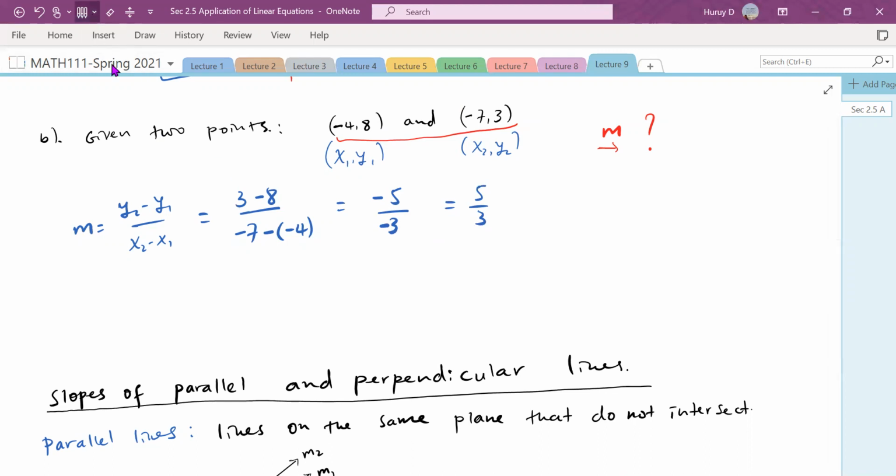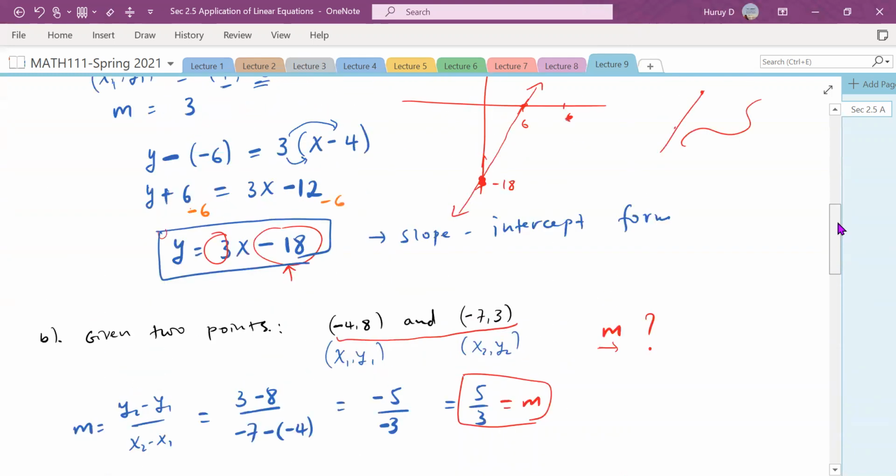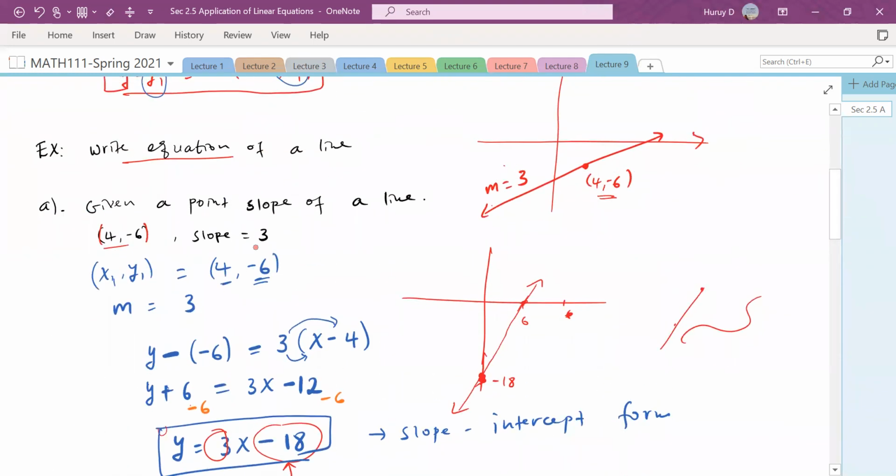And then the next question is, what is the equation? Because the question is to find the equation of the line. Now we have the slope, this is m, and we have 2 points. In the first example, we had a slope and a point.